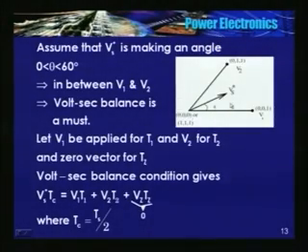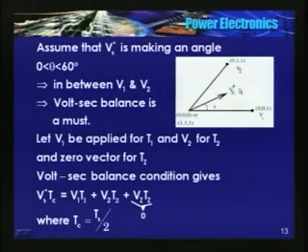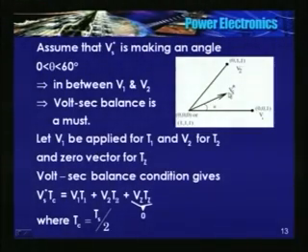And I said volt-second balance should be there. In other words, the incremental flux produced by Vs, when it is in this position, should be the same as the flux produced by the space vector when you are in this position and this position.